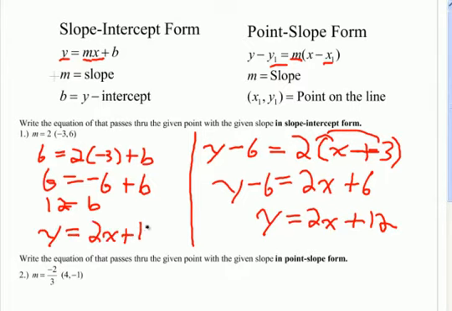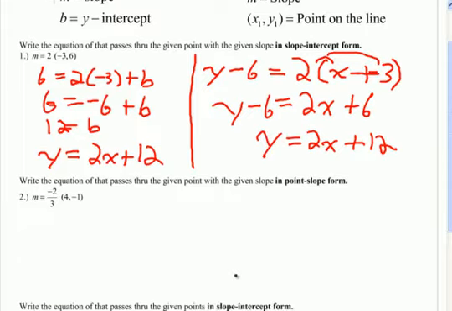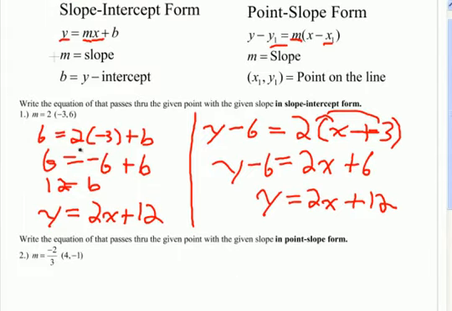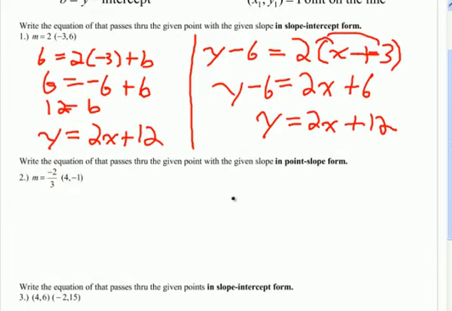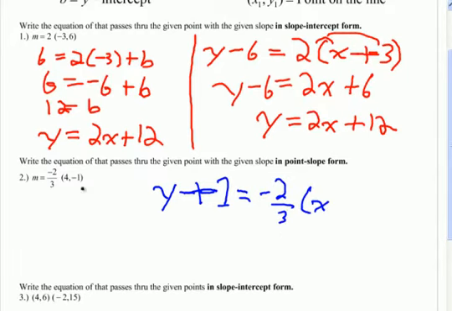It goes to show you it doesn't matter which way you do it, because you'll end up with the same equation. Now for number 2, we have to put it into point-slope form, so we can't even think about doing it the second way, because it wants it in point-slope form. We've got our slope and a point, so it's going to be y minus the y coordinate of the point, so minus negative 1, but that's going to become a plus, equals the slope, negative 2/3, times x minus the x coordinate.